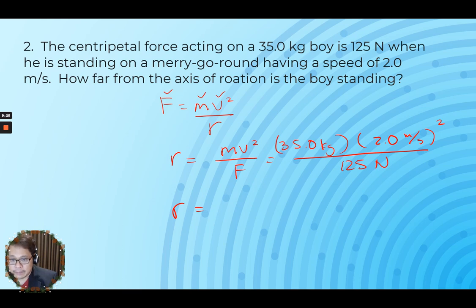So 35 times 2 squared divided by 125, we get 1.12 meters. So we express our answer in SF, 1.1 meter. So let's go to the next problem.